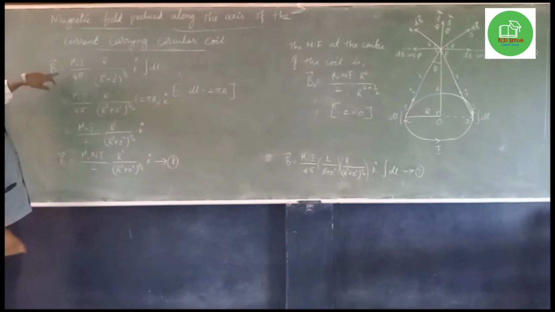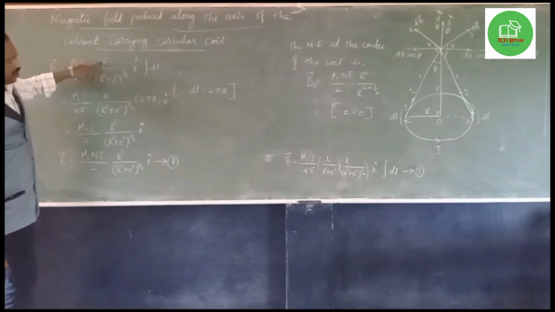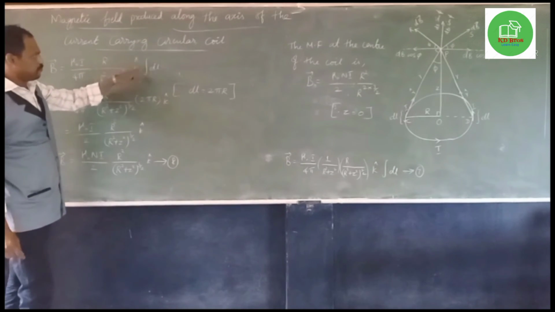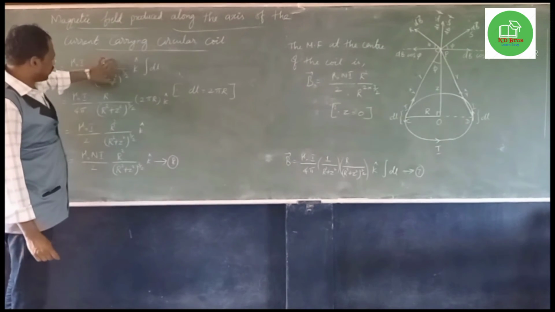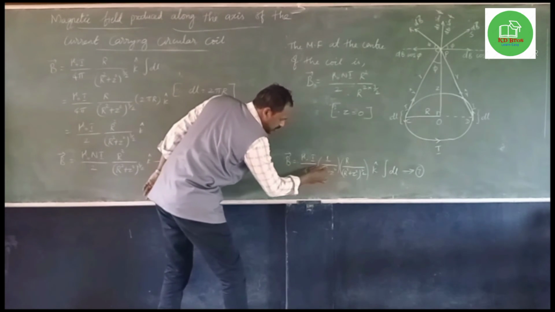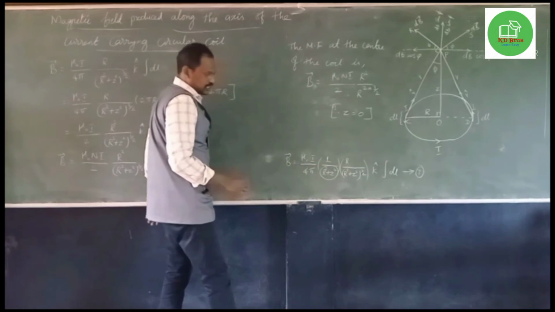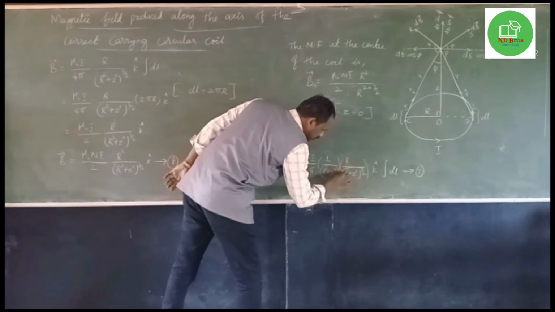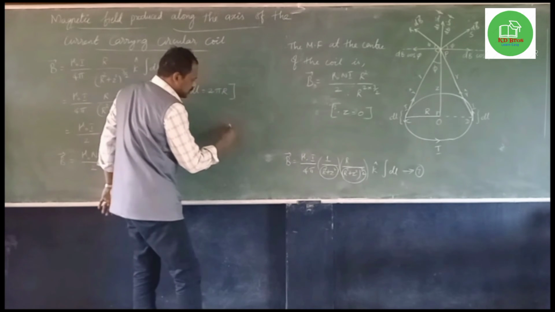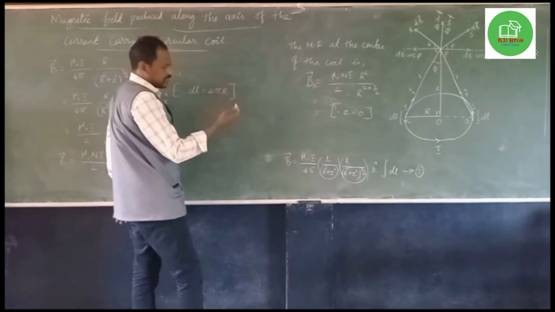Now we have to modify the 7th equation here. dB vector is equal to mu naught I divided by 4 pi, r divided by r square plus z square power 3 by 2, k cap, integration of dl. How are we able to get this? Very simple. When you see this r square plus z square, and here r square plus z square power 1 by 2, if the base is the same, you have to add the powers.